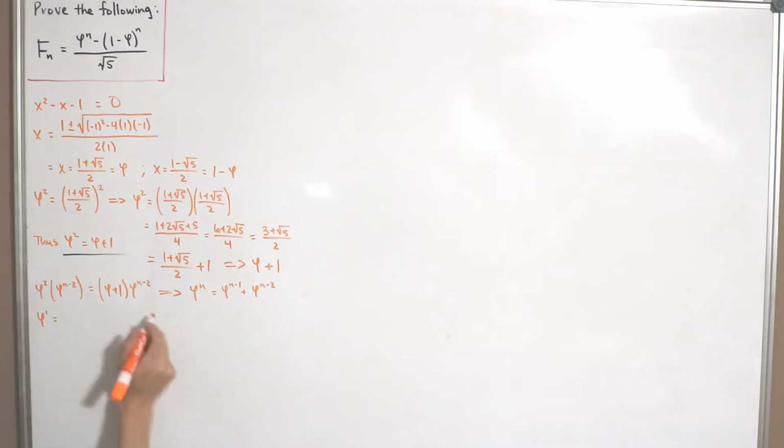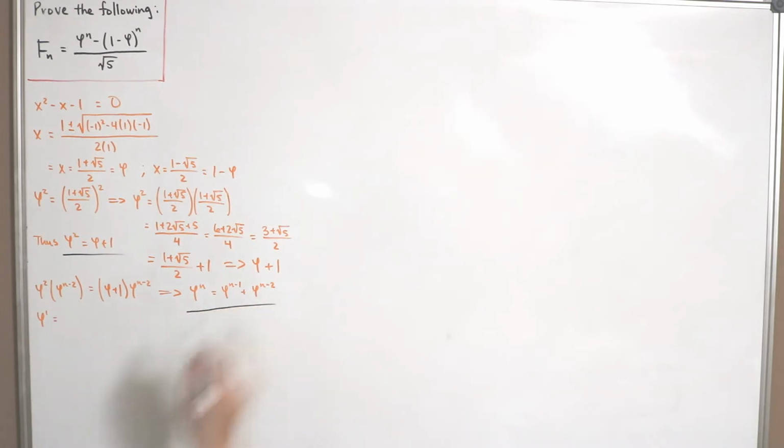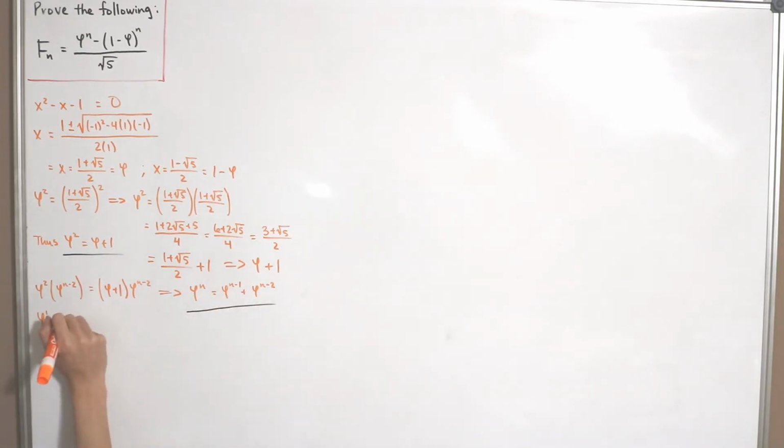Before I do this, let me just underline this little explicit formula we have over here. If I plug in 1, I get phi to the power 1 minus 1, then plus phi to the power 1 minus 2, oops, this is supposed to be 1 minus 2.